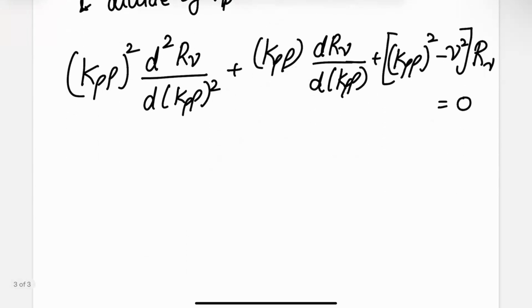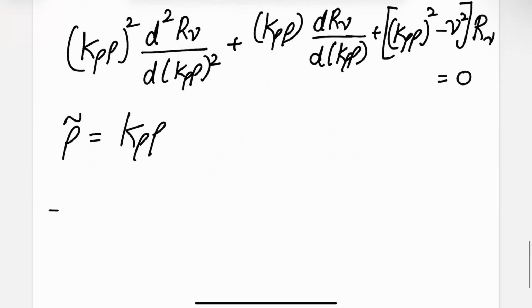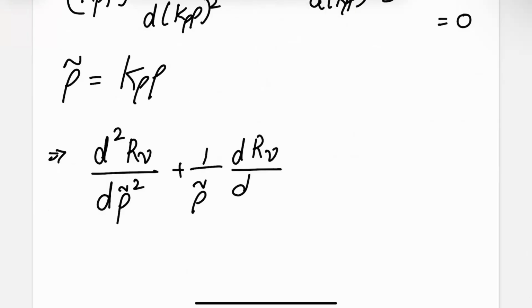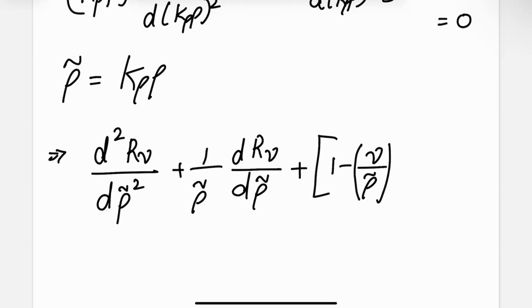Okay, and then we'll make another change of variables, rho tilde, which is k rho times rho. Then you end up with this differential equation, d square r nu over d rho tilde square plus 1 over rho tilde dr nu over d rho tilde plus 1 minus nu over rho tilde square r nu equal to 0.